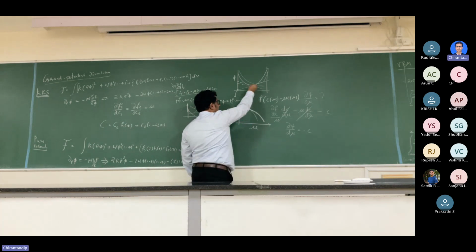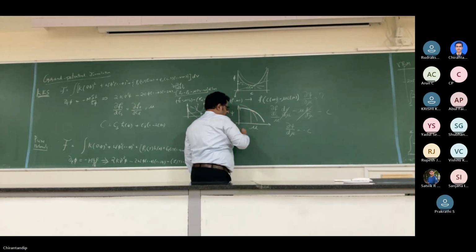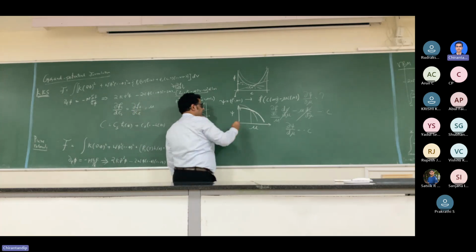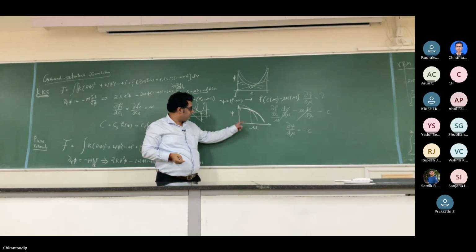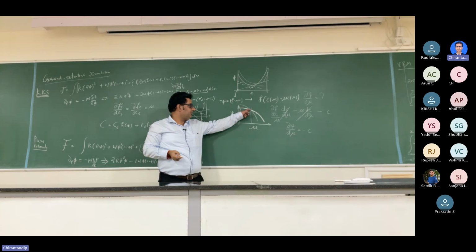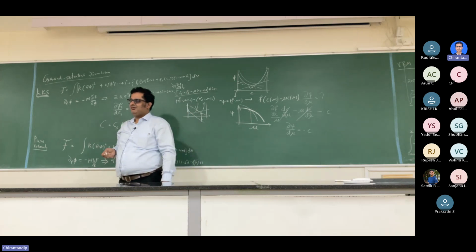But in contrast to what these curves do, this essentially has a unique intersection point, where the value of psi is equal. That means the value of psi of the two curves are equal at the unique value of mu. Okay? What does this intersection point represent?